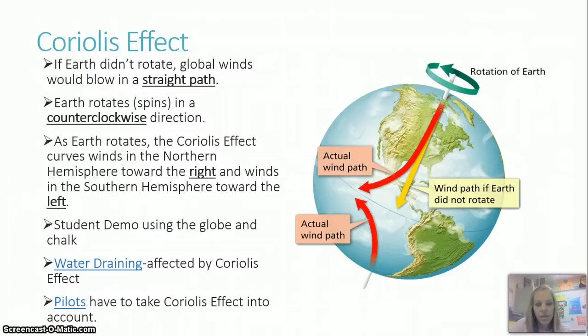So because of that, the wind path actually gets turned to the right. So if you put yourself upside down on top of that globe and you're thinking, okay, the wind's blowing this way and it's turning to the right. Why is that? Because the Earth spins counterclockwise.